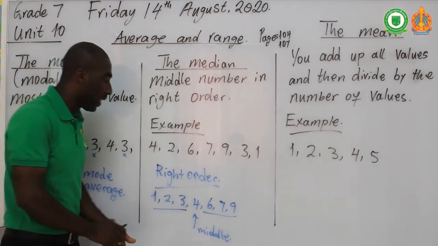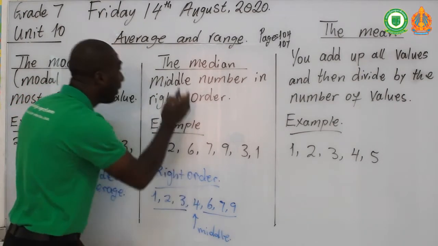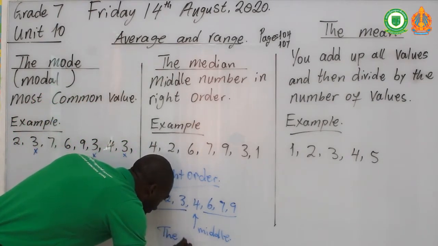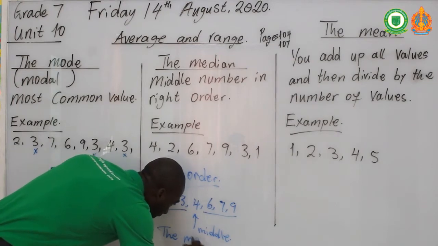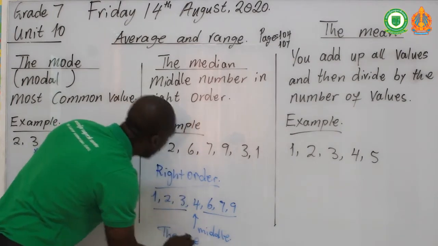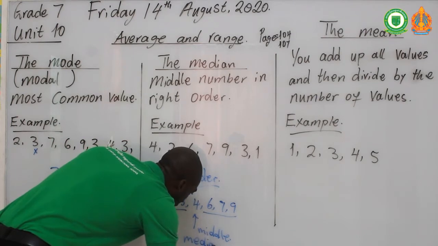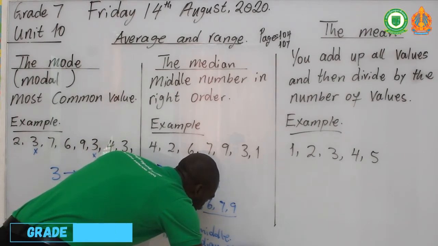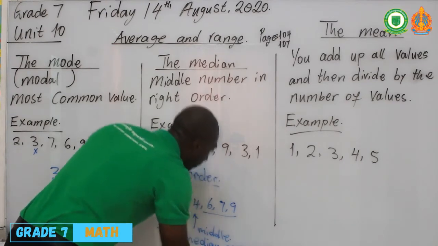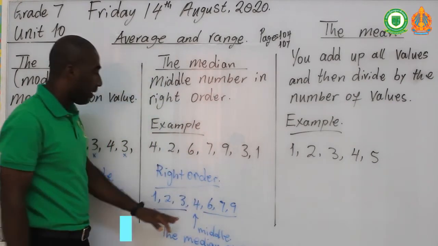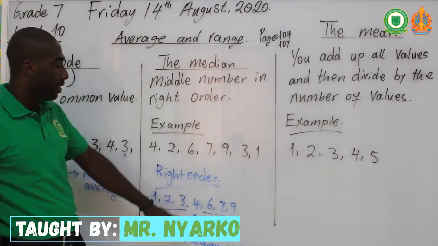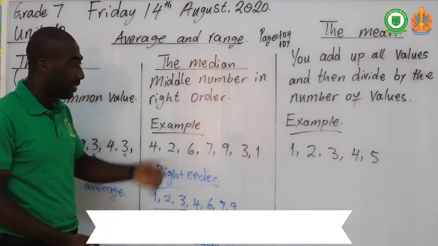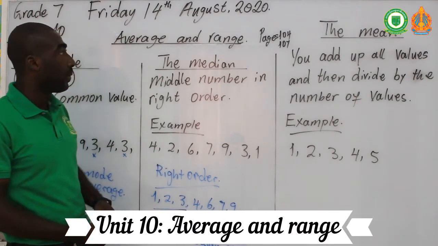So 4 becomes the median average. The median average will be 4 because 4 is in the middle. Once 4 is in the middle, it becomes the median average for your statistics or for the records that you are dealing with.